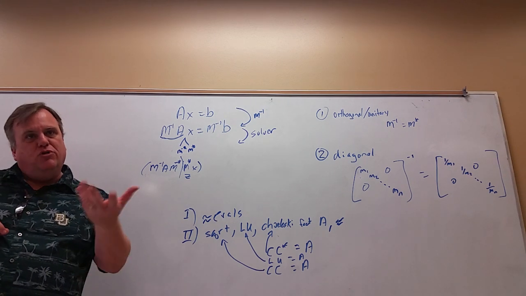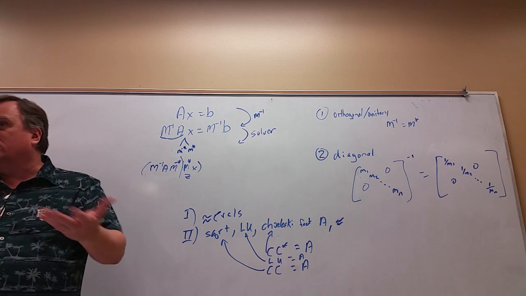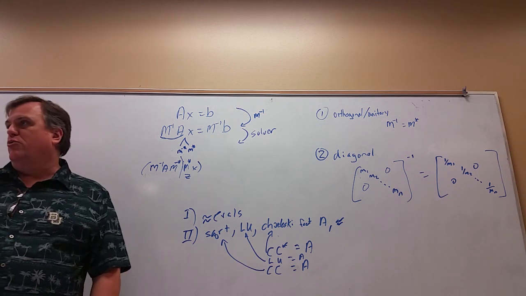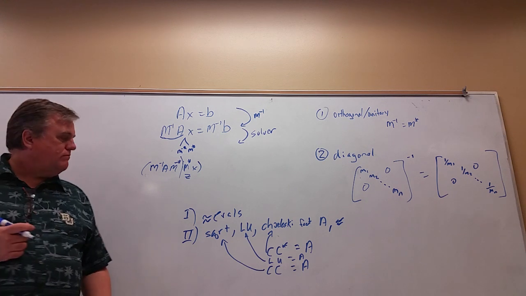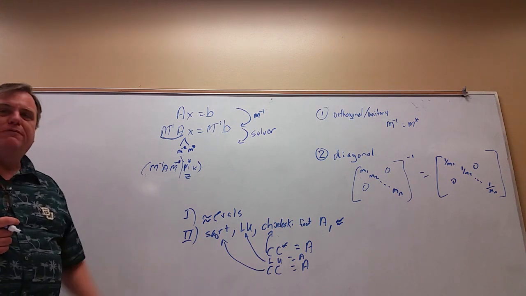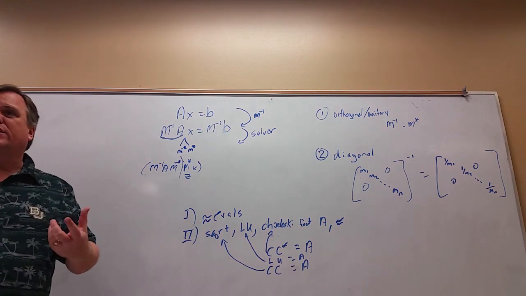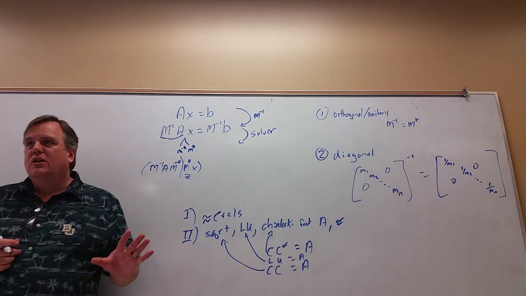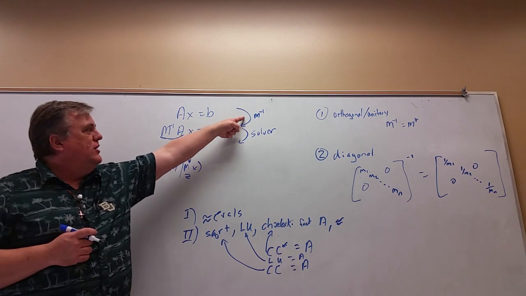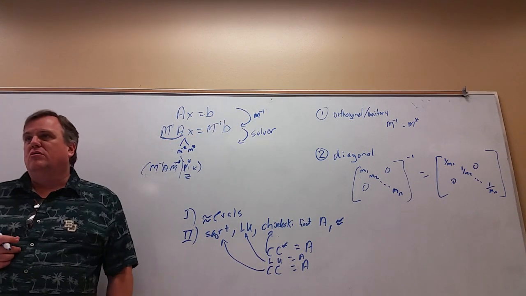A lot of times we can do that to correct if there are particularly big or small modes. Any of these types of factorizations, the whole key is you've got to be able to do them fast. If you can't do it fast, you're just spending too much time here.